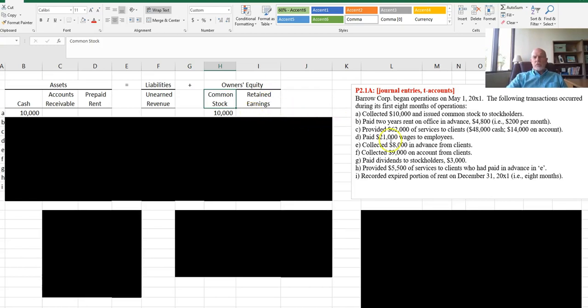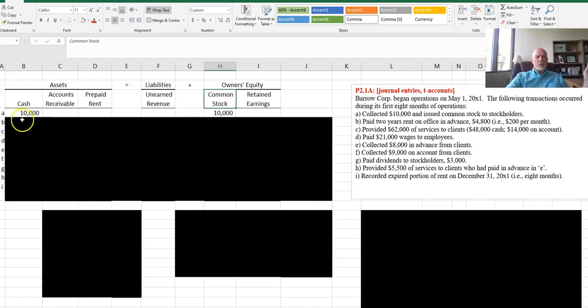Okay, item B is we pay 2 years rent in advance, $4,800. That's $200 a month. Sometimes a company will get into some sort of a lease agreement and they may pay some money up front. So in this case, just for illustration purposes, we paid for 24 months, 2 years in advance.